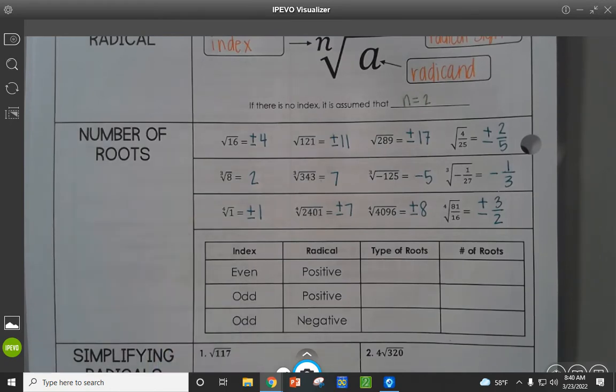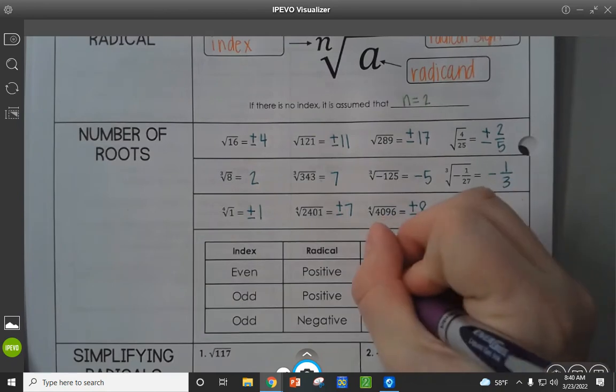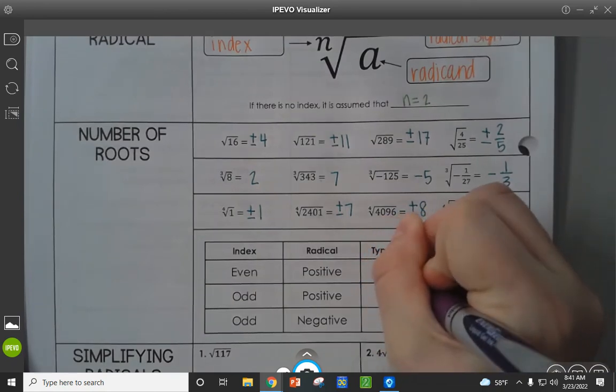So what this means is if I have a radical that has an even index, so it's the square root, the fourth root, the sixth root, then if we have the even index and our radical is positive, our roots are real.